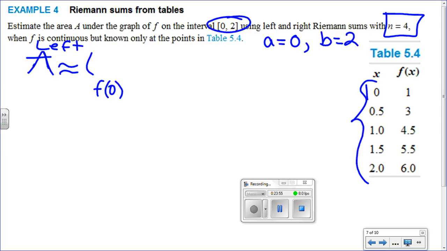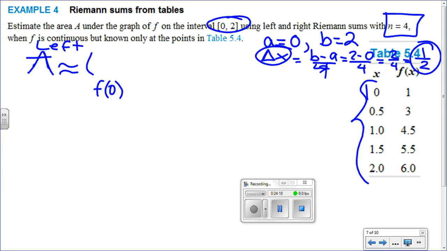So with n equals 4, to find delta x it becomes b minus a over 4, because we want 4 intervals. So that would be 2 minus 0 divided by 4, which is half. So that's going to be our delta x.